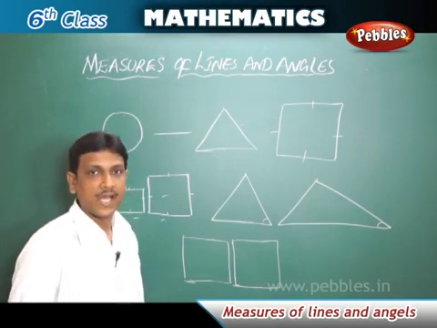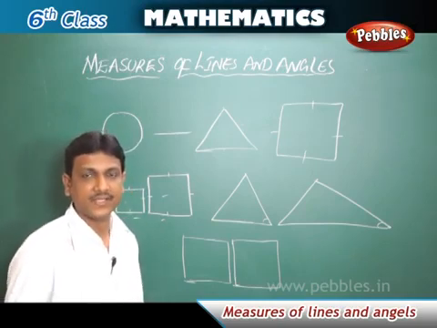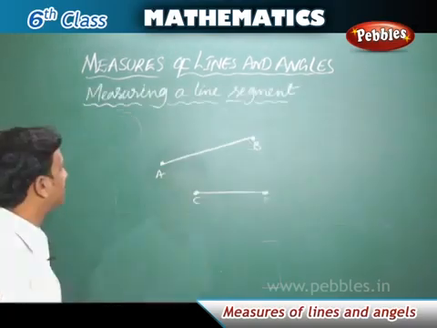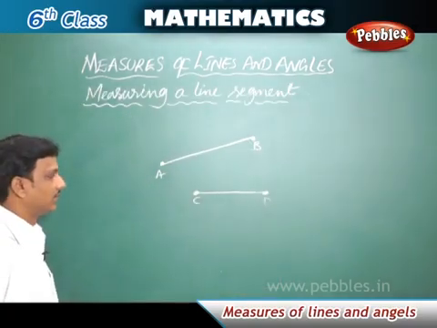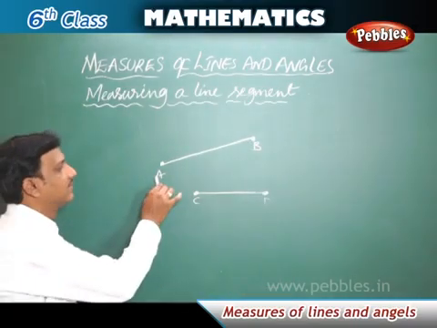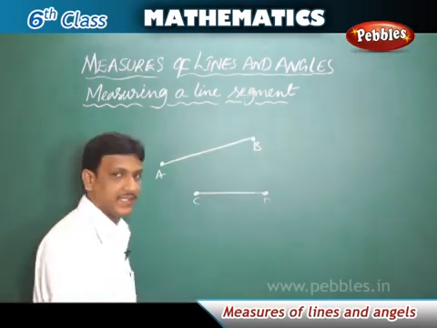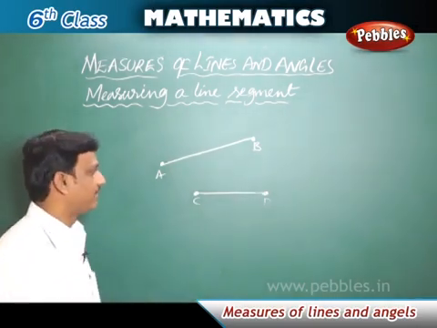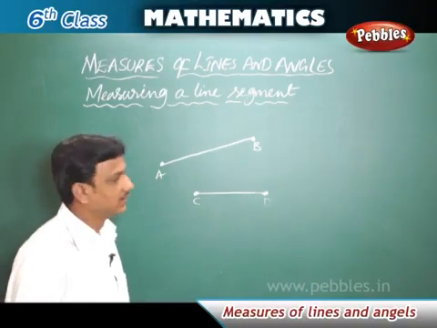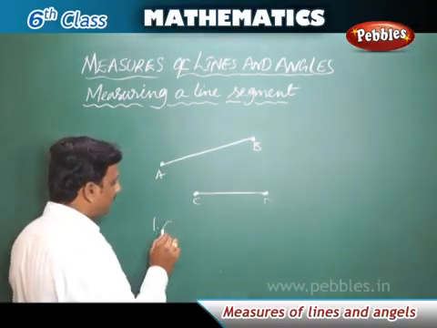Now, let us see how to measure a line segment with the help of a scale. Measuring a line segment. Here we have 2 line segments, segment AB and segment CD. Now we have to measure and find out which is bigger and which is smaller. We can do the measurement in 3 ways.